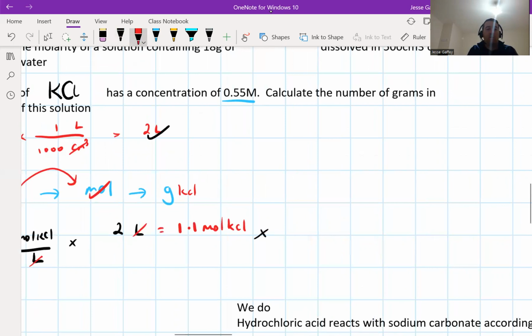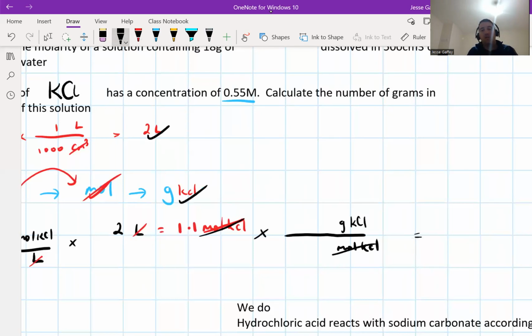Of course, we want moles of KCl to cancel moles of KCl. So we're going to have a conversion factor here, which has moles KCl down here, and they'll cancel with those ones. And we've got grams of KCl on the top, which is what our answer should be in. So whatever we get here is going to be a certain amount of grams of KCl. All right, so what's the relationship for every 1 mole of KCl?